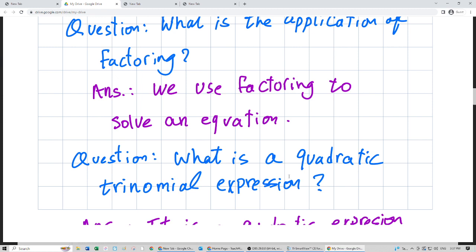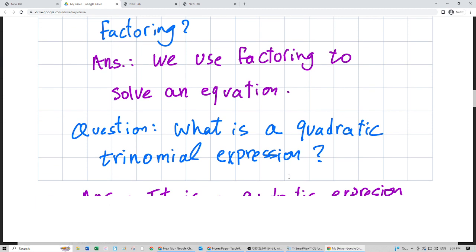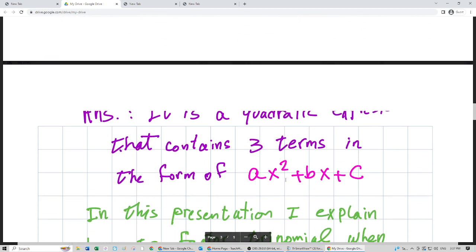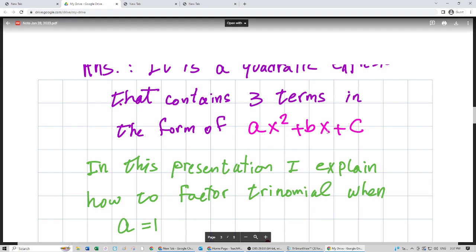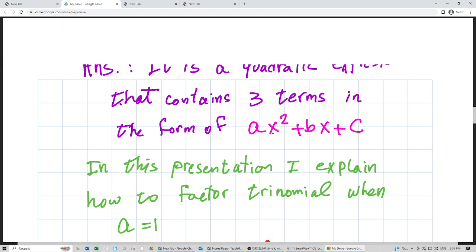What is a quadratic trinomial expression? It is an expression of second degree, which has 3 terms, like ax squared plus bx plus c. In this presentation, we are going to talk about trinomials that have a coefficient of 1 for x squared.